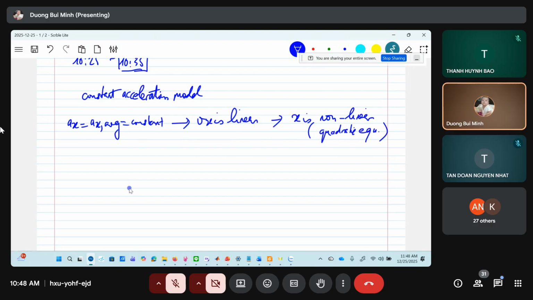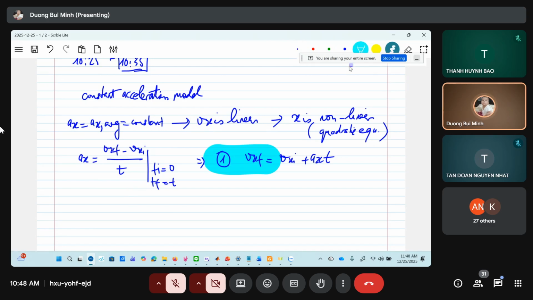Now we have Ax is Vxf minus Vxi over T, because Ti is 0 and Tf is T. So we can get the first equation: Vxf is Vxi plus Ax times T.